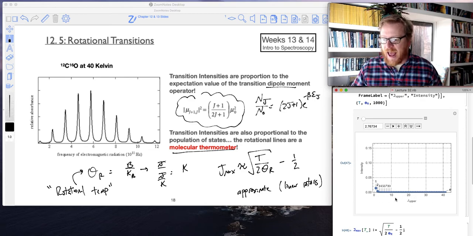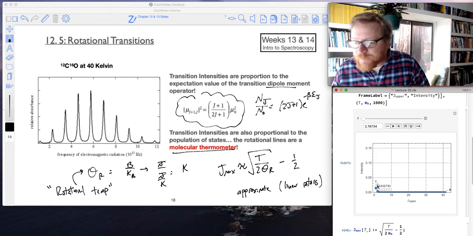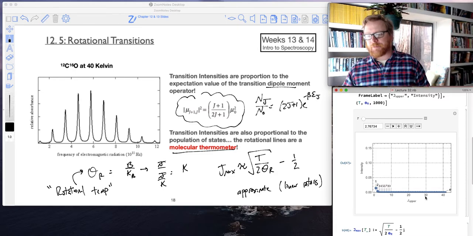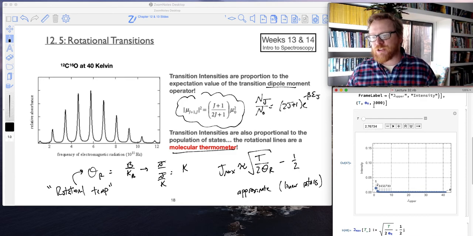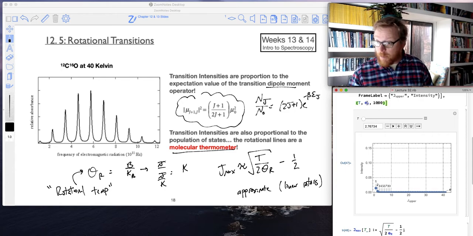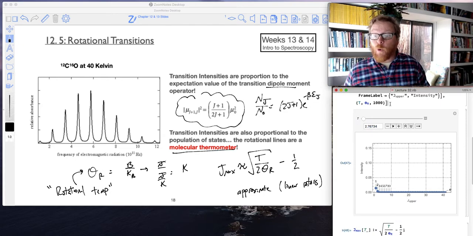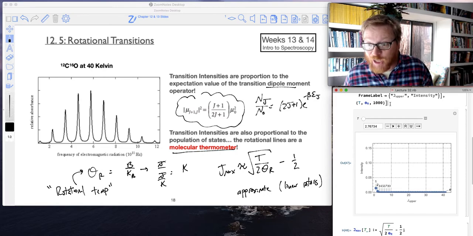On the x-axis, I'm plotting the J value instead of the frequency, and I've also got each of these values labeled. Here you can see, in my Manipulate feature, I'm starting at the rotational temperature for carbon monoxide, which is quite cold, 2.77 Kelvin.